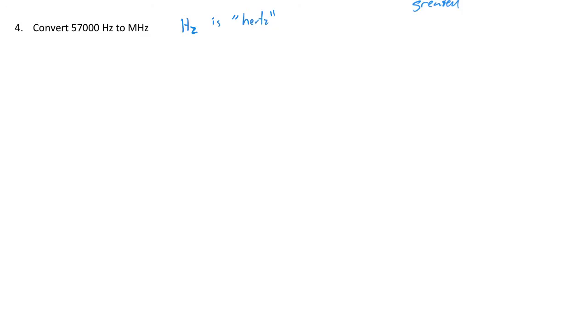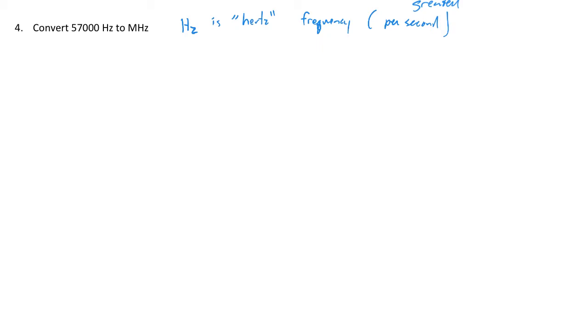And you saw this first in, I think, the second lecture video where we talked about the different types of unit systems. Hertz is a part of the metric unit system and the SI system of units. And it's a frequency, and it happens to be per second. So how many times is something occurring per second?